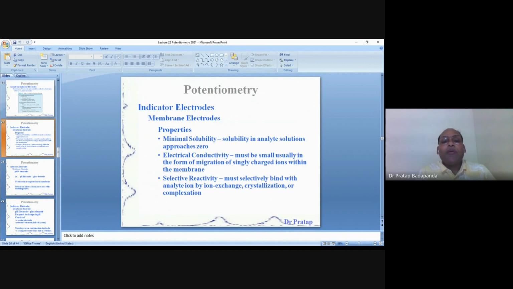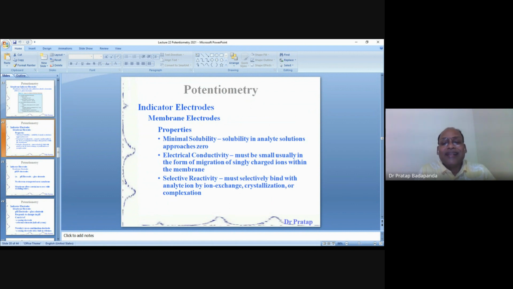Now the membrane electrode used as the indicator electrode. Properties: minimal solubility in analyte solution, approaching 0. Electrical conductivity must be small, usually in the form of migration of single charged ions within the membrane.